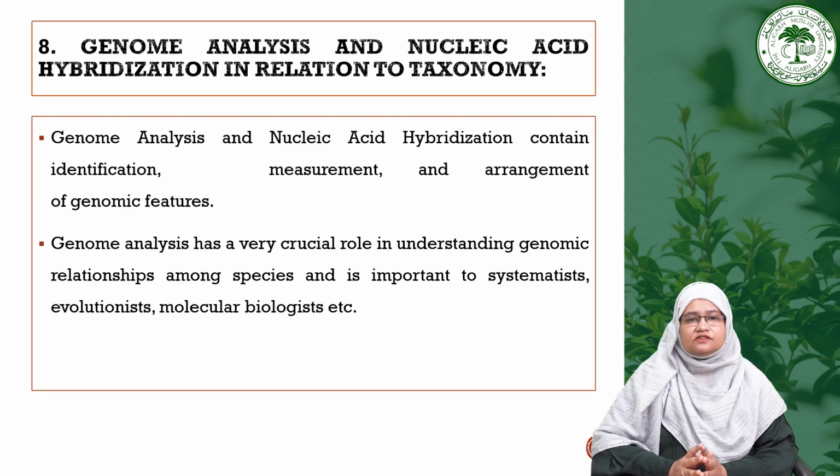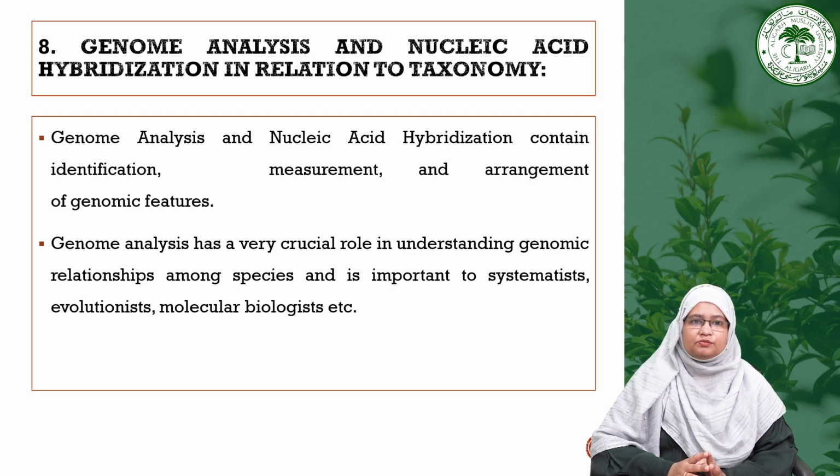Then the next is genome analysis and nucleic acid hybridization in relation to taxonomy. Genome analysis and nucleic acid hybridization involve identification, measurement and arrangement of genetic features. These genome analyses have a very crucial role in understanding genomic relationships among species, and are important for systematists, evolutionists and molecular biologists.